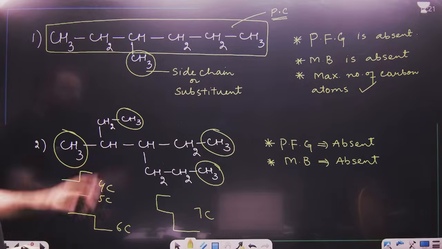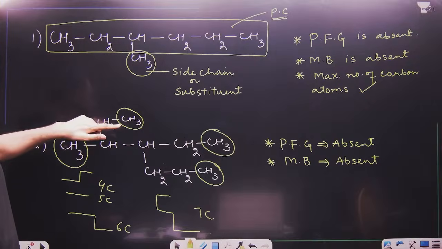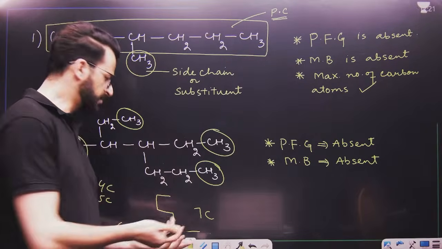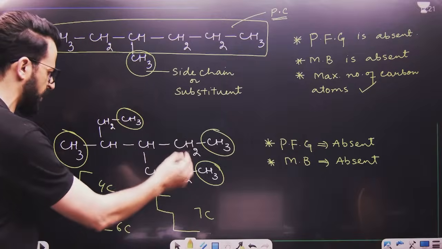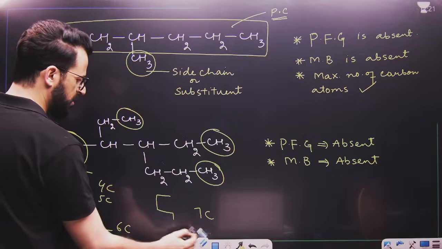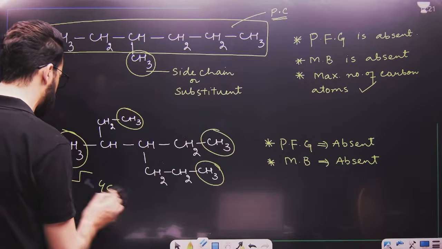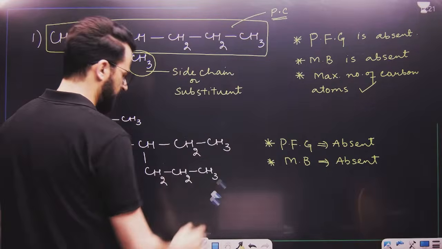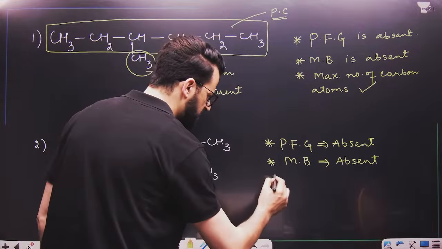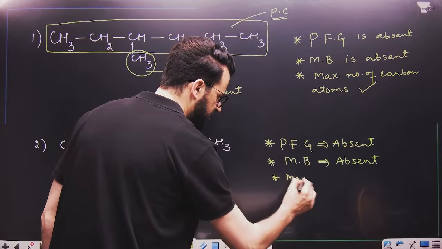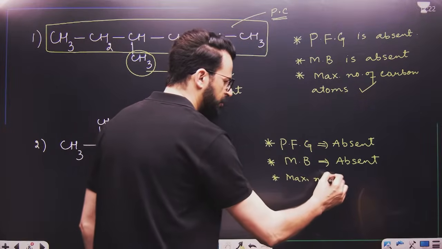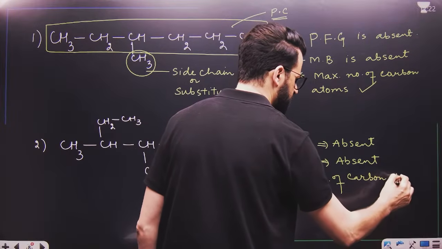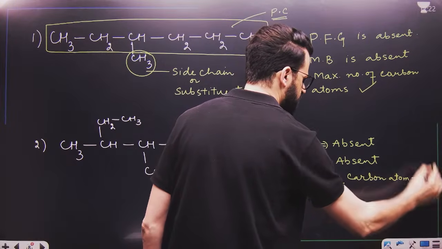Now, for that you have to check how many possibilities are there. 4 possibilities are there. So the maximum number of carbon atoms are present in this one. So we will use this. Let me erase these things and write down the answer over here. So once again, on the basis of maximum number of carbon atoms, it is 7 carbons, isn't it?